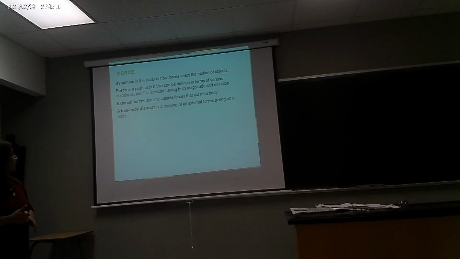Dynamics is the field of physics where we talk about how forces affect the object. Kinematics is when there is no description of the forces, but in dynamics we talk about the force.